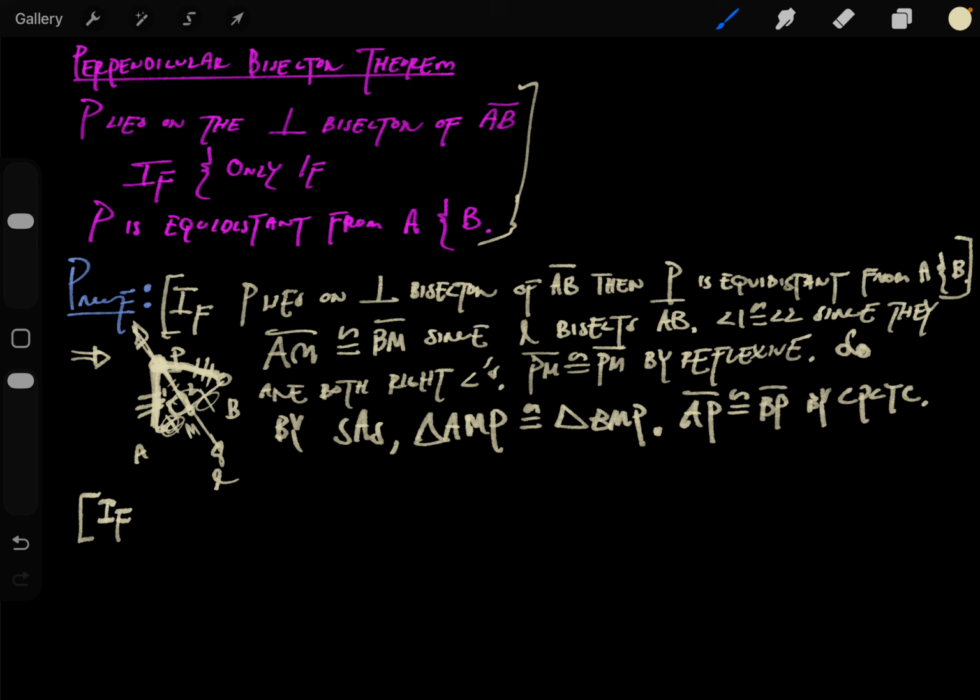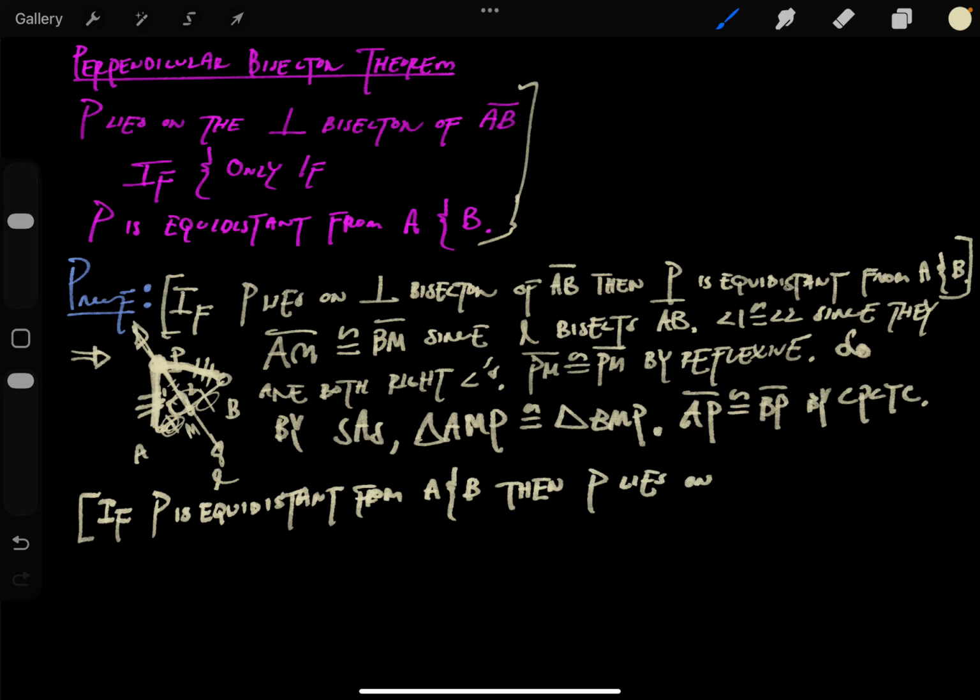The converse is: if P is equidistant from the endpoints A and B, then P lies on the perpendicular bisector of AB.